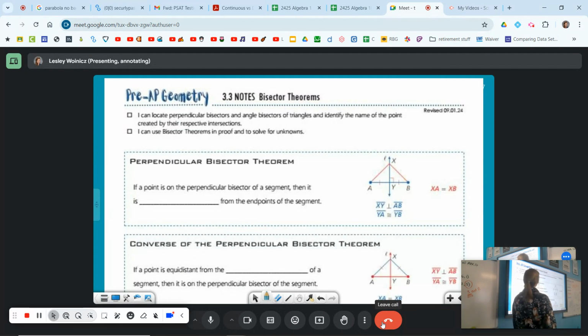I'm that kid. All right, perpendicular bisector theorem. If a point is on the perpendicular bisector of a segment, then it is what from the endpoints of the segment? Imagine that you have a compass. I got a hand compass.